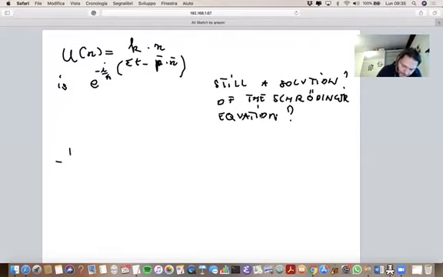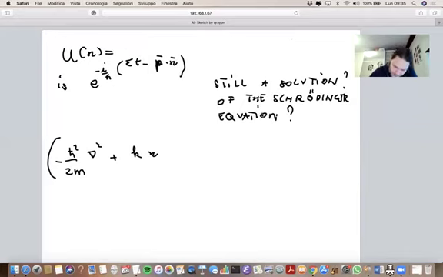We have negative h bar squared divided by 2m, second derivative, this time we have to add U, which is not anymore a constant. And now, suppose this k is actually e times the electric field, right, the potential energy in an electric field.